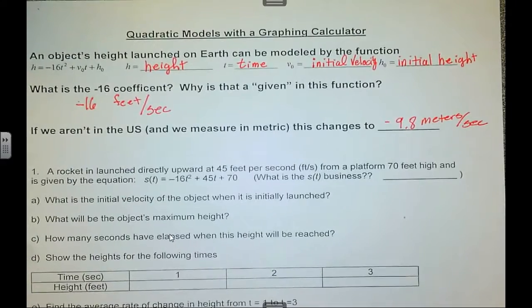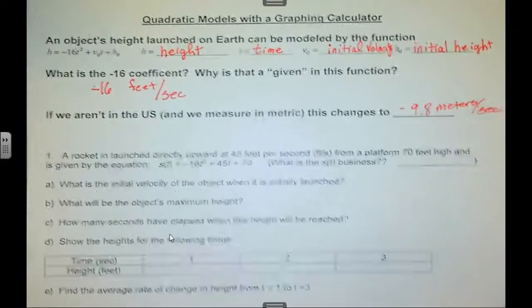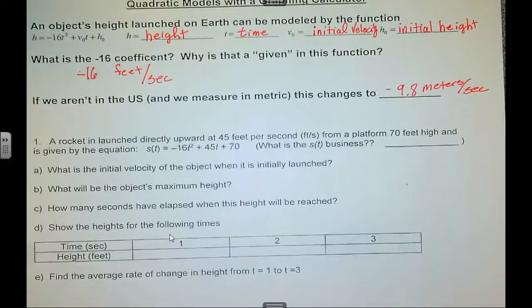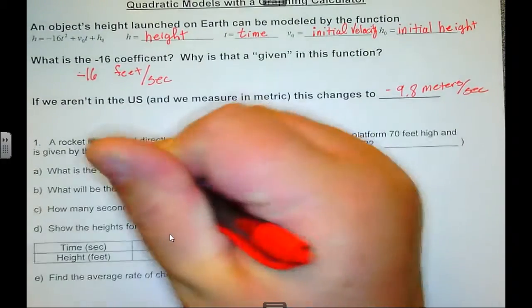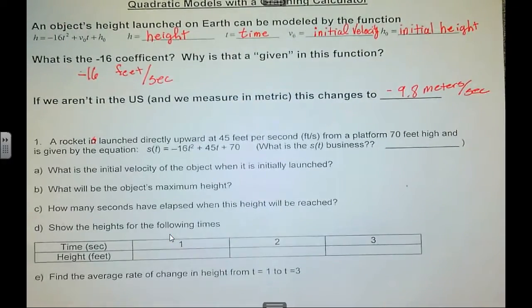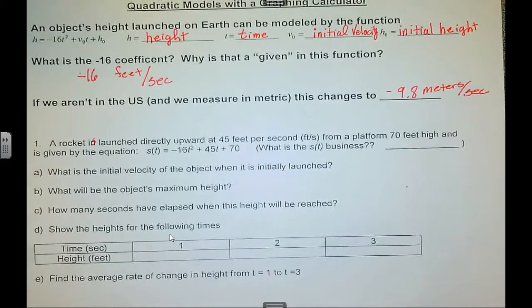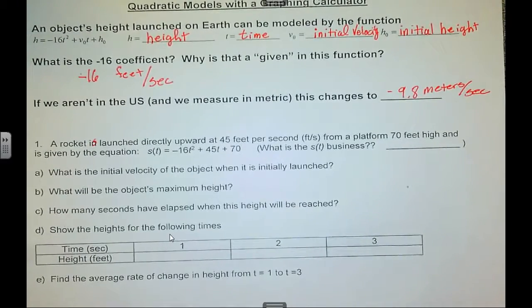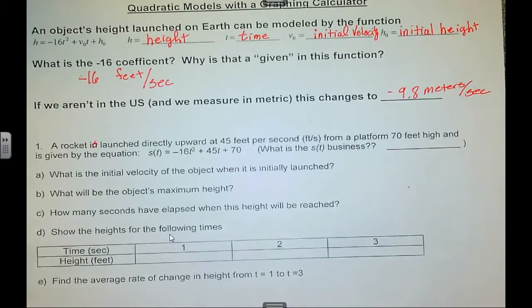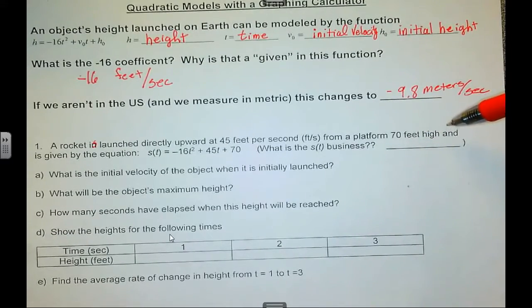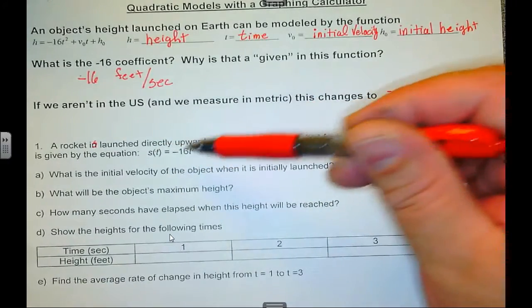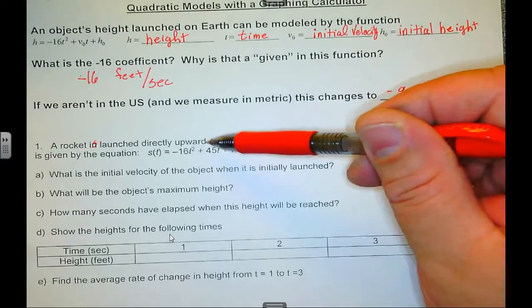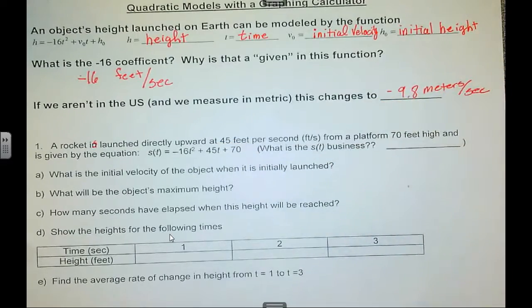Okay. Number 1. A rocket is launched directly upward at 45 feet per second from a platform 70 feet high and is given by the equation S of t equals negative 16 t squared plus 45t plus 70.